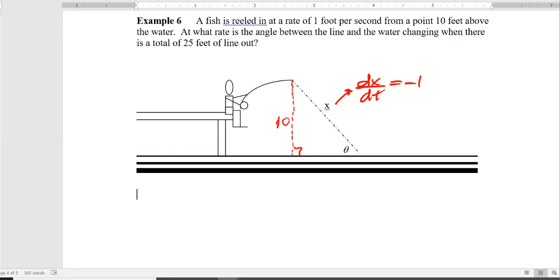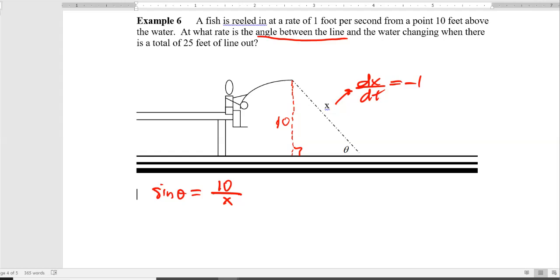We could say we want something that involves theta because it says the rate at which the angle is changing. So that would lead me to think we probably would start with something like sine of theta. And we know that that's going to be 10 over x.